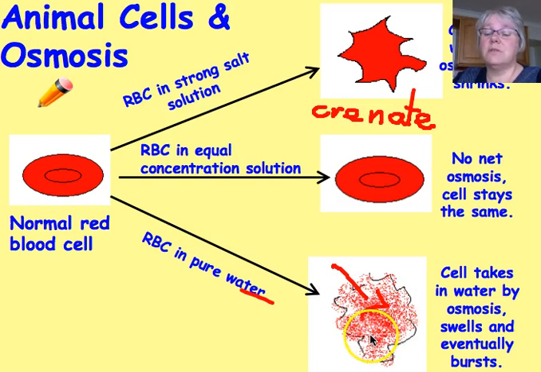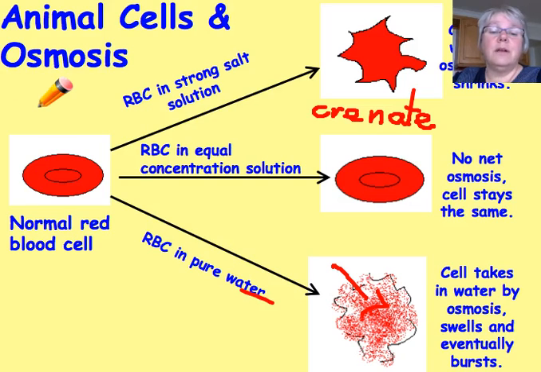So the red blood cells burst. You have to remember the differences between how the animal cell and the plant cell react in water or in strong salt solutions, and the differences in the names. If this was a plant cell here, it would be described as flaccid or as plasmolysed.